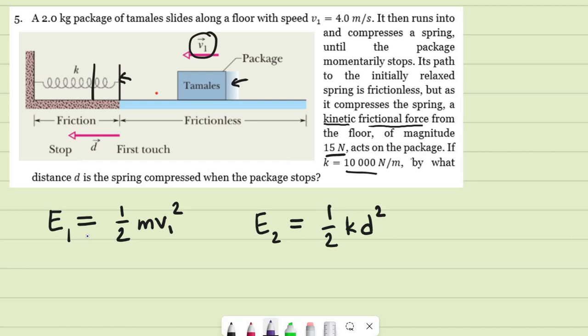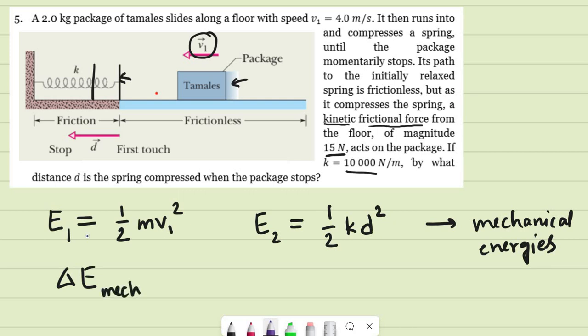These two are mechanical energies. I could have written E mech 1 and E mech 2 following the book, but let's use the shorthand. The difference in the mechanical energy should be equal to the work done by the friction force, which acts in the opposite direction of the velocity of the package.